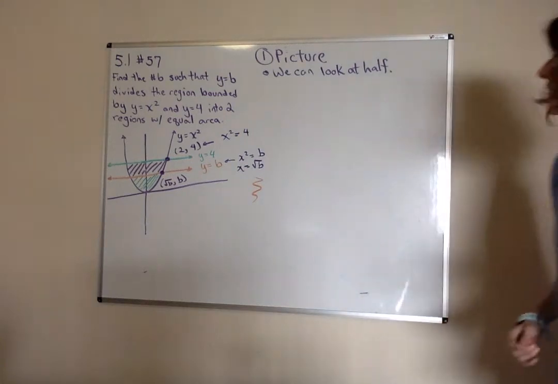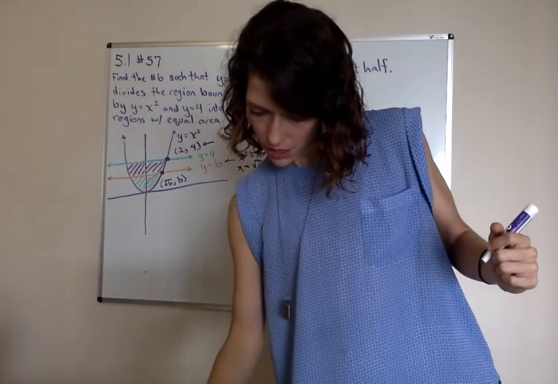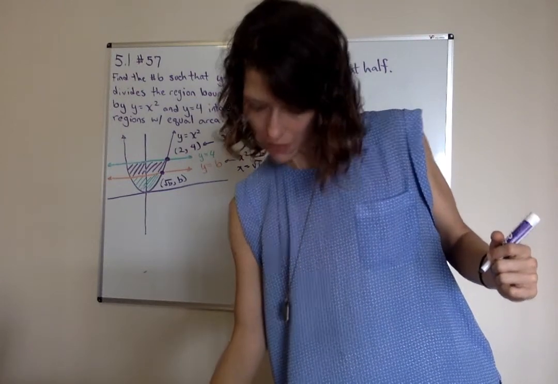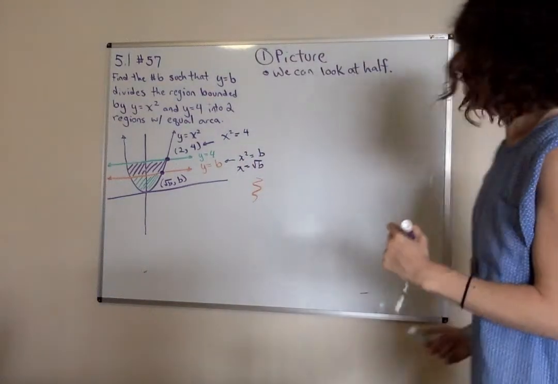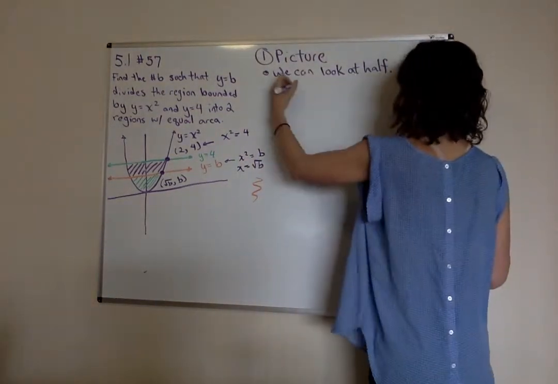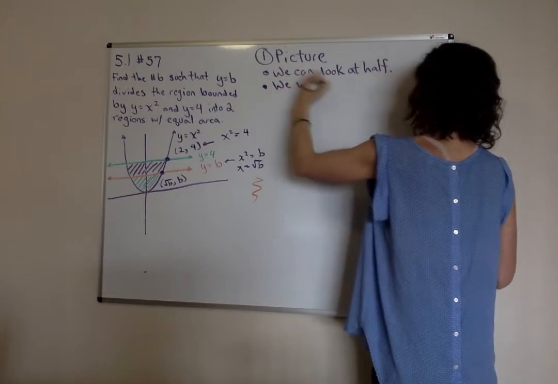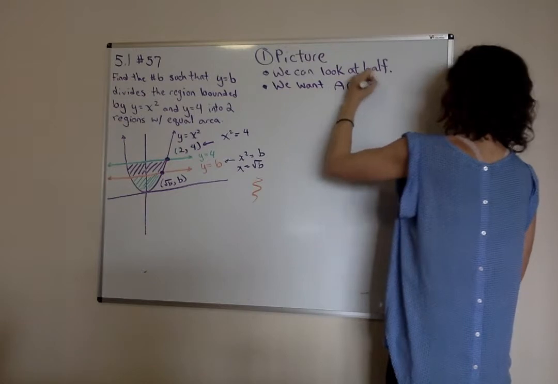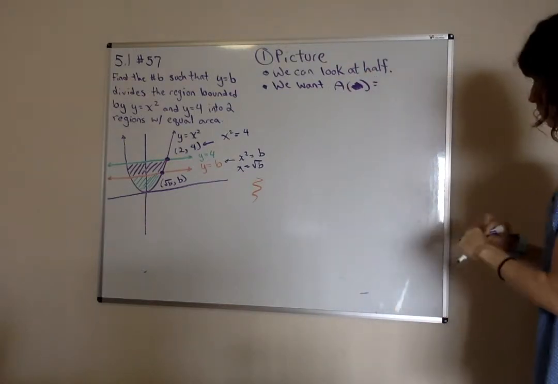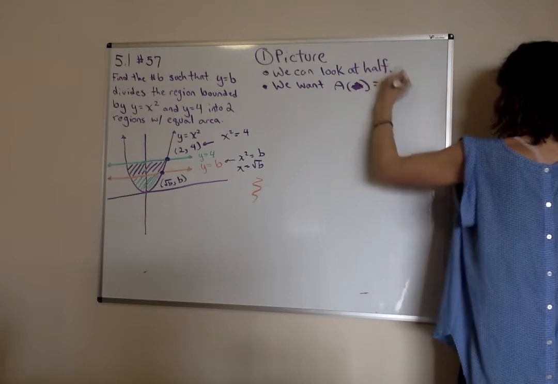Okay. Other things that we want to do, I think in terms of the picture, it's just about all that we need. Just formally stating our problem, we want the area of the purple to be equal to the area of the green.